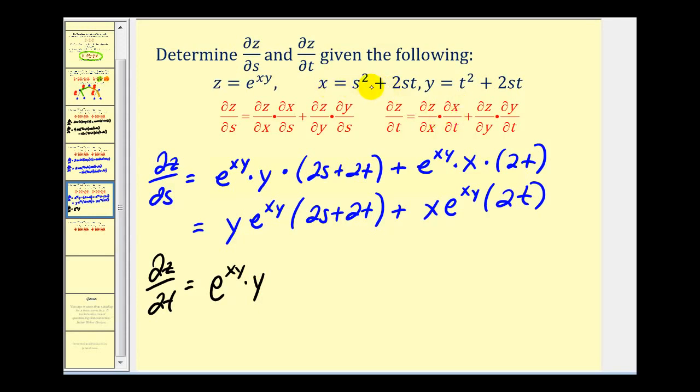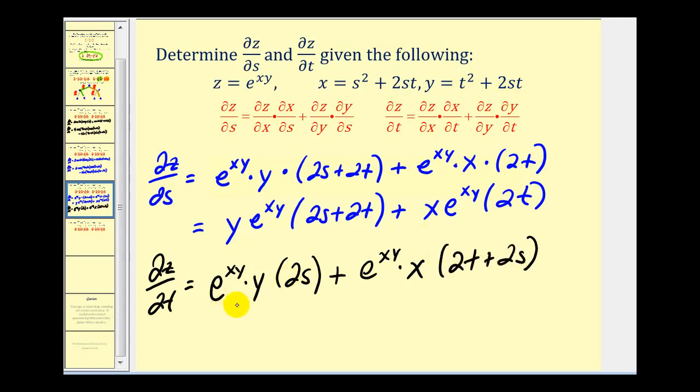Well, here's x, so that's a constant, so we'd have 2s, plus the partial of z with respects to y. Again, we found that over here it was e to the xy times x, and then the partial of y with respects to t. Well, here's y, s is now a constant, so we'd have 2t plus 2s.